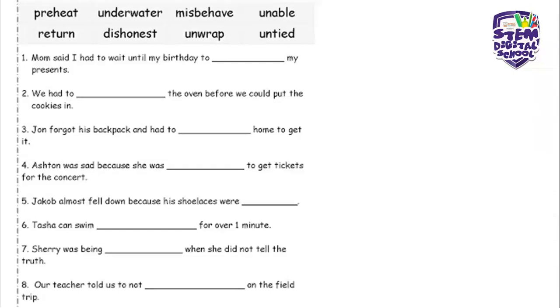Next one, Jacob always fell down because his shoelaces were. Jacob almost fell down because his shoes were untied. Yes, that is correct. Thank you. You're more than welcome. Okay. The next one, Tasha can swim underwater for 1 minute.